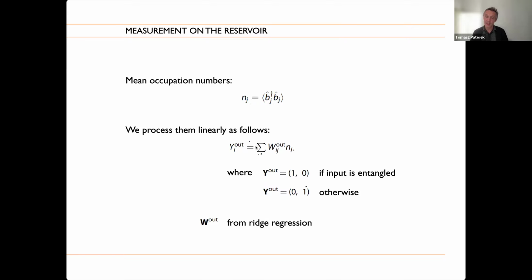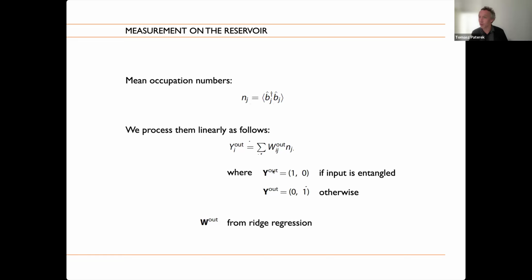What we do is take these mean occupation numbers that you measure for a given input, and we multiply them with a matrix. We choose the entries of this matrix such that whenever the state was entangled, the output of this multiplication is the vector (1, 0).